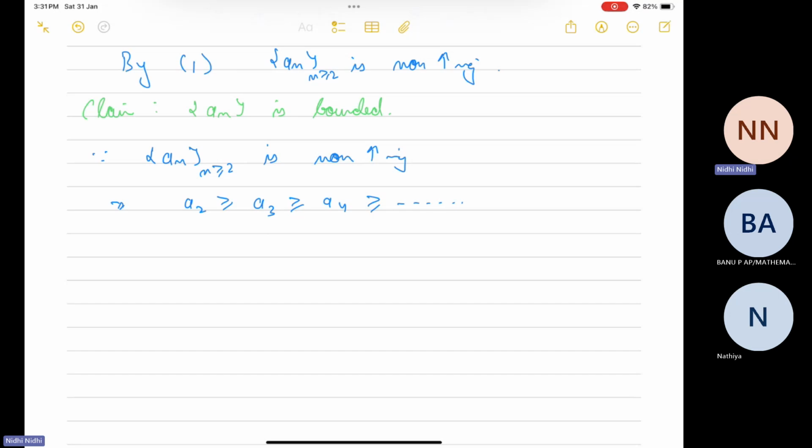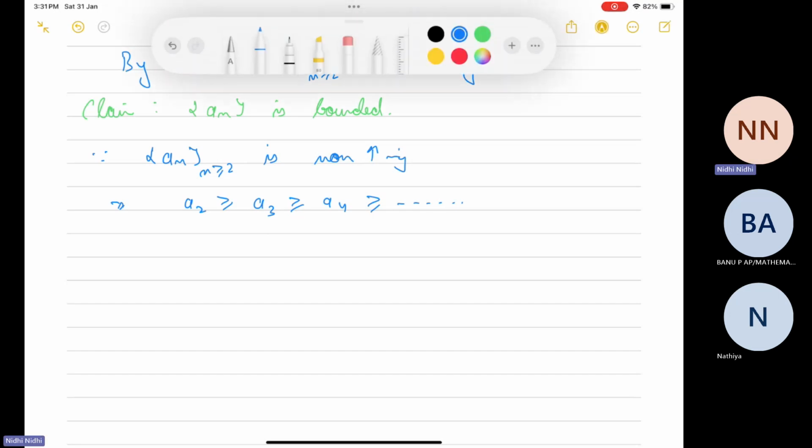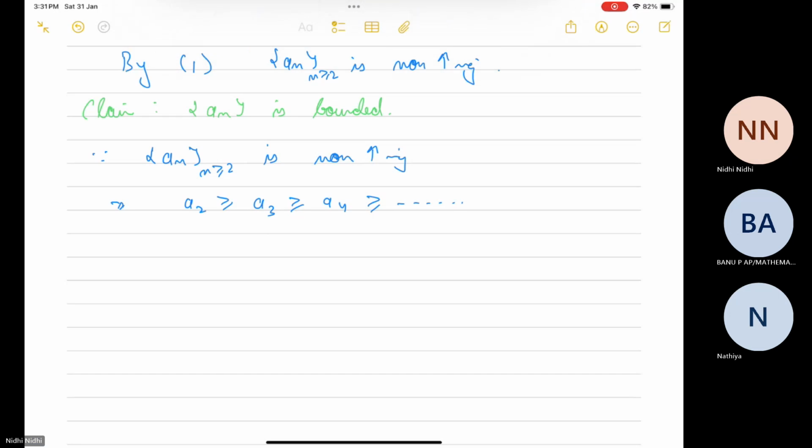So since all the terms of the sequence are less than or equal to A2, the upper bound, not infinity, the upper bound is a real number such that all the elements in the set are less than or equal to that number.